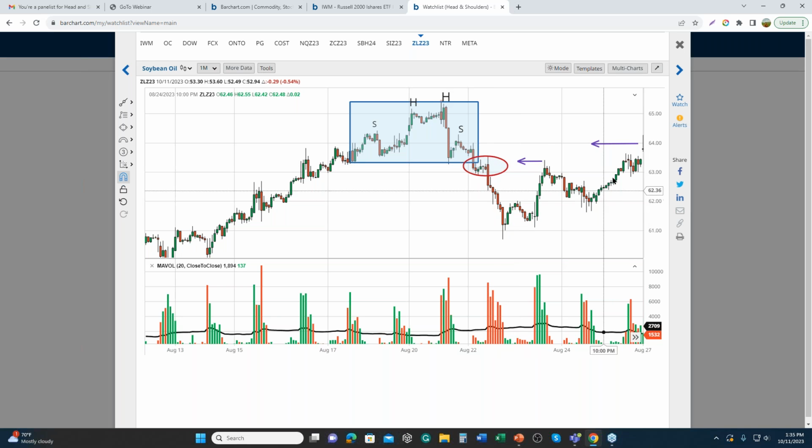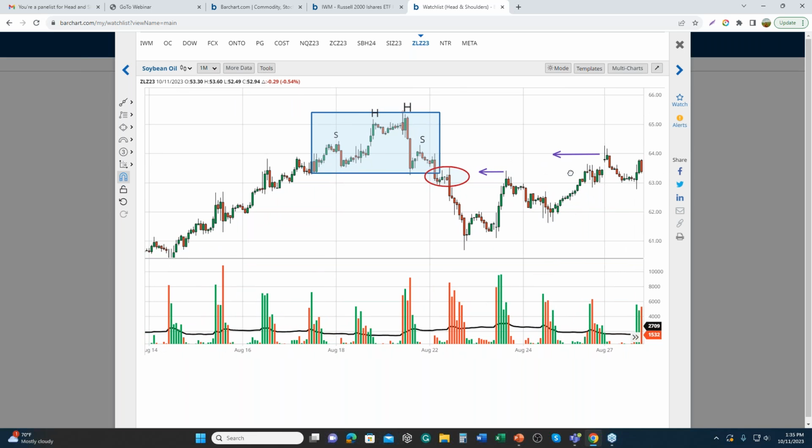And then later, when price recovers again, our spike high on this leg up is in line with our right shoulder. You can use the necklines and shoulders post completion as possible levels of support and resistance.